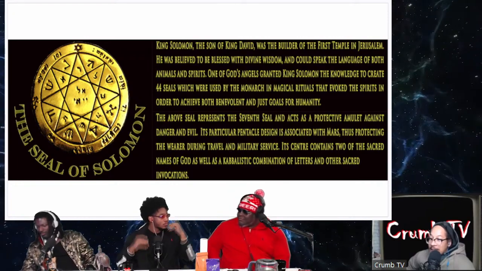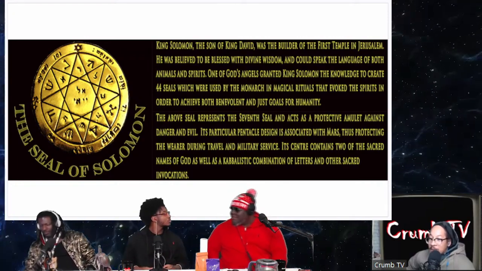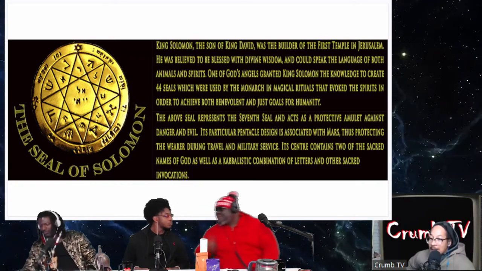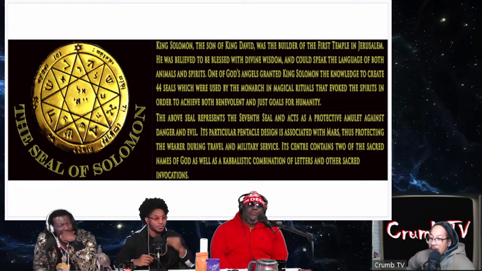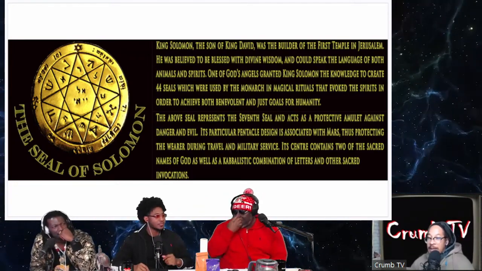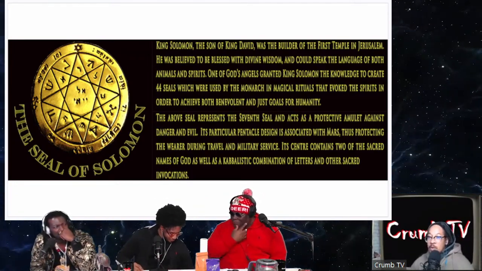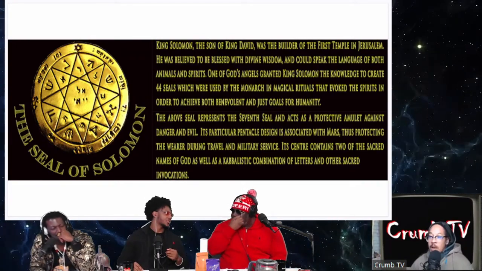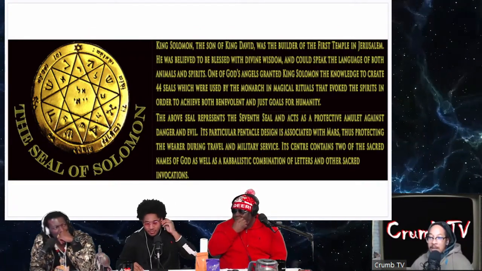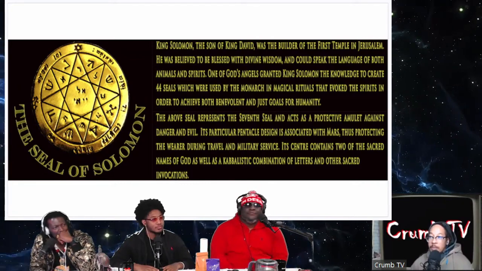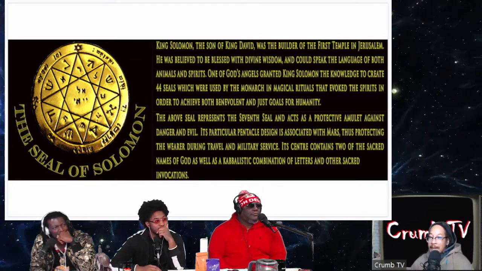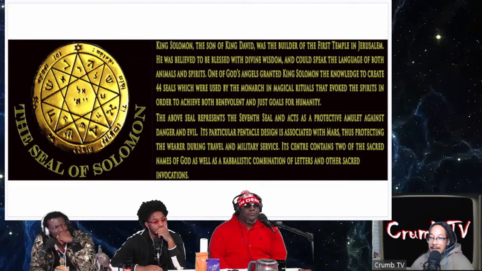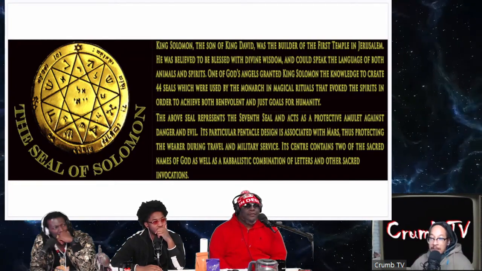Its center contains two of the sacred names of God, as well as a Kabbalistic combination of letters and other sacred invocations. So this is what King Solomon used to build Solomon's temple. And this thing helped him control the demons.